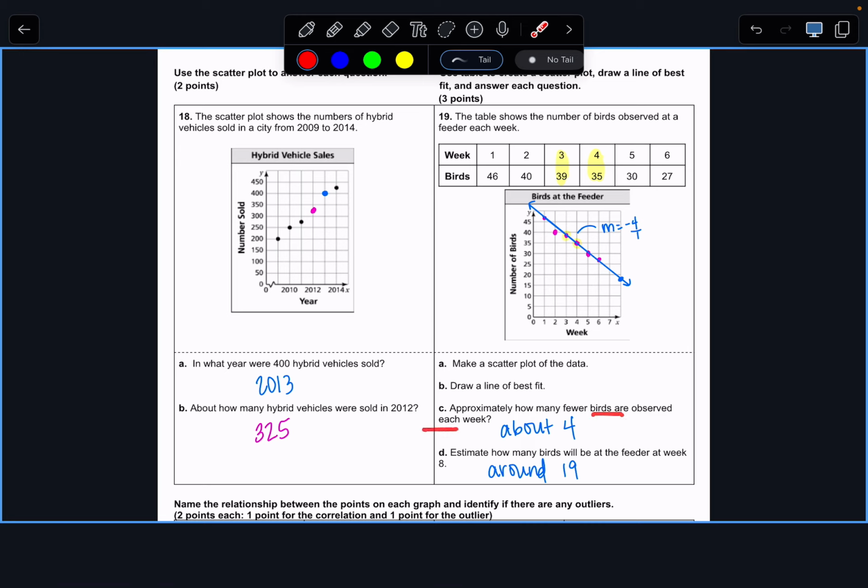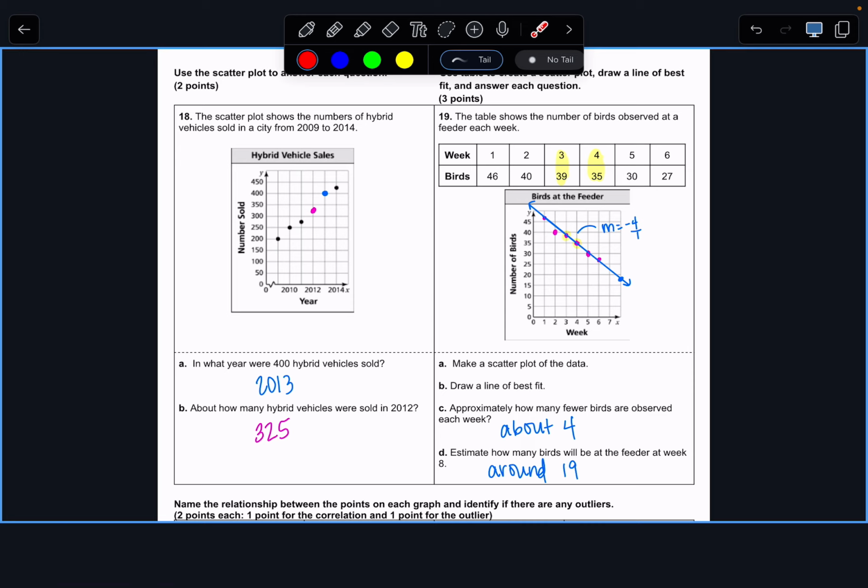Birds each week. That is slope. So if I look at this line, I connected these two right here. I went down 4 over 1, down 4 over 1.